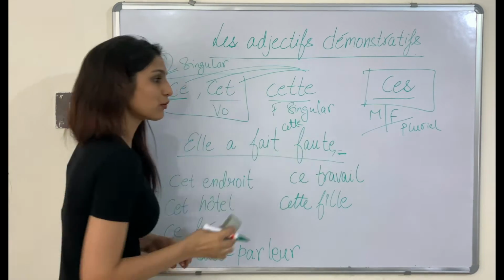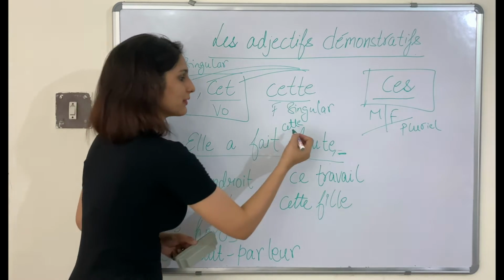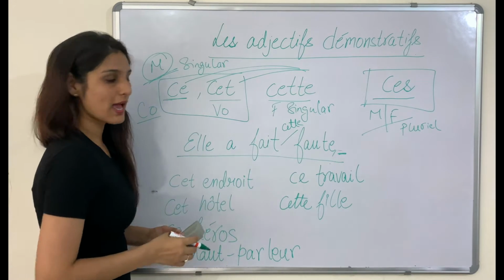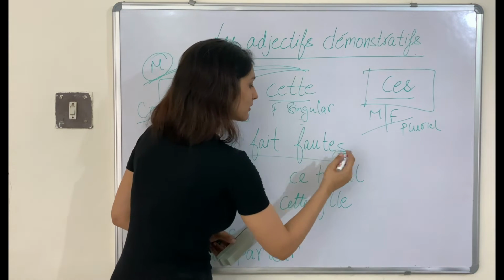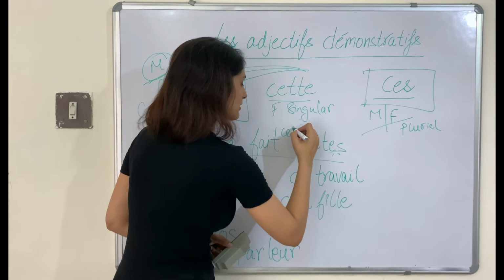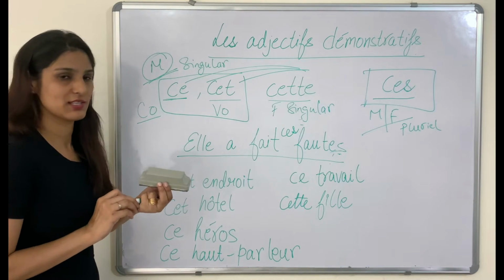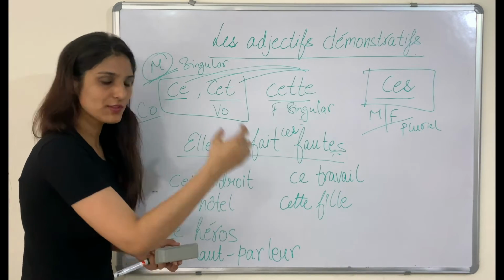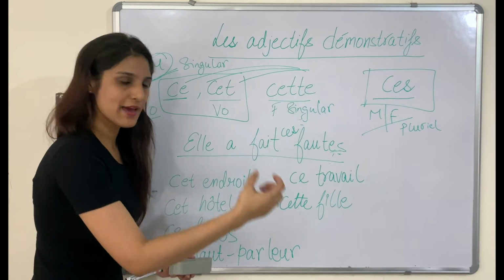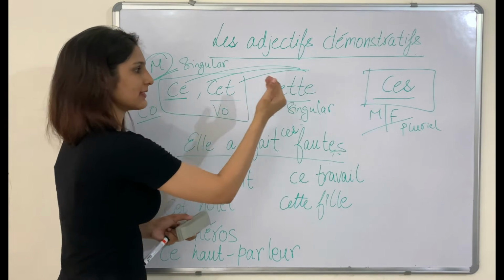If it is not feminine plural, then cette faute. And if it is a plural word, then you're going to use ses fautes. Elle a fait ses fautes. She's done these errors. Or if singular, elle a fait cette faute. She's done this error. So this is how you use ce, cette.